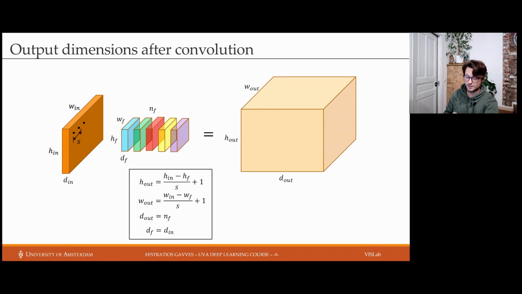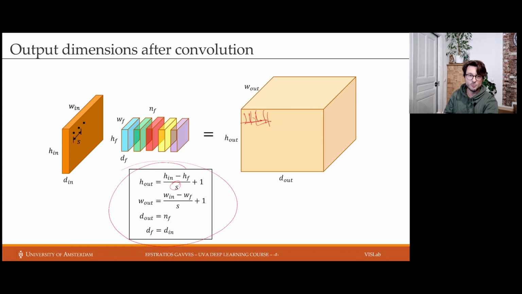So the output dimensions after convolution are also pretty easy to derive. We can obtain them based on this formula. The height and the width of the output is basically the height of the input minus the height of the filter, divided by the stride, plus 1. And the stride is the amount of pixels we jump every time we do one slide, right?